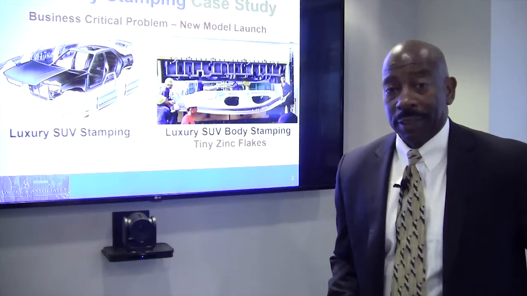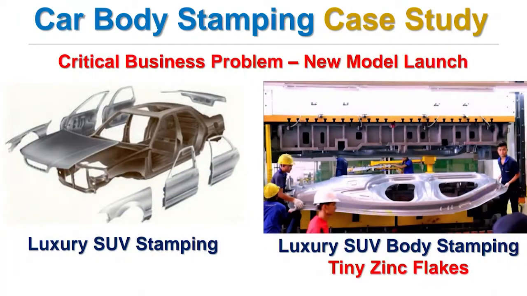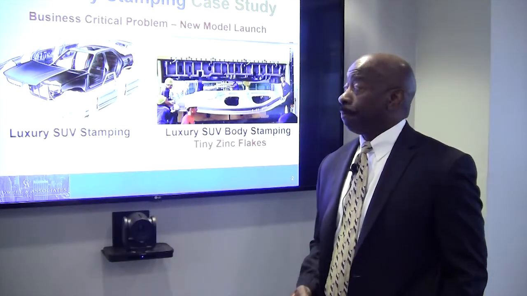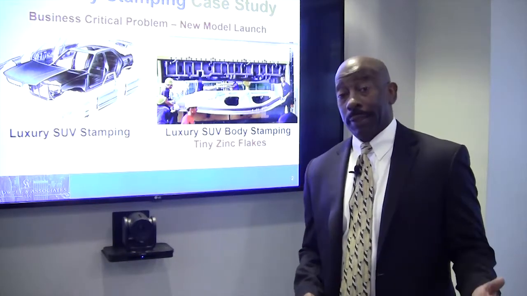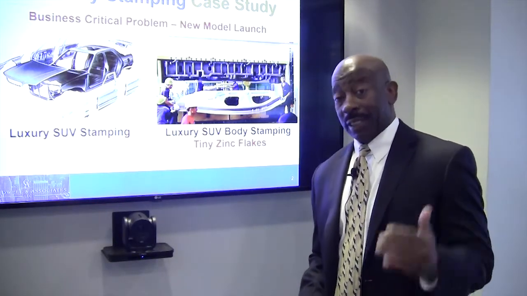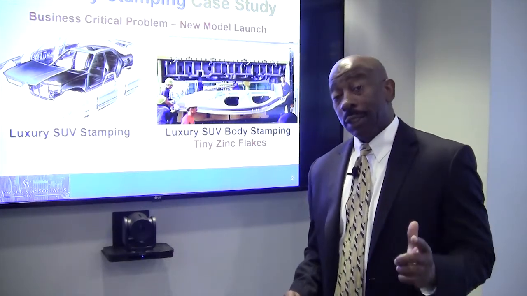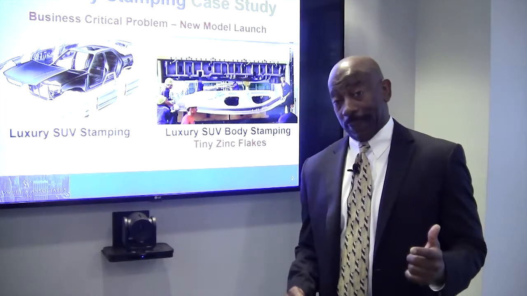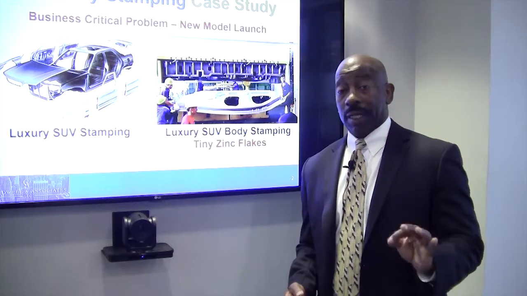So this particular case study is a business critical problem solving, dealing with a new model launch on a SUV luxury stamping operation. The particular steel mill was supplying steel to the stamping for the complete car. But one of the stampings, the body side, was causing flakes, tiny zinc flakes.